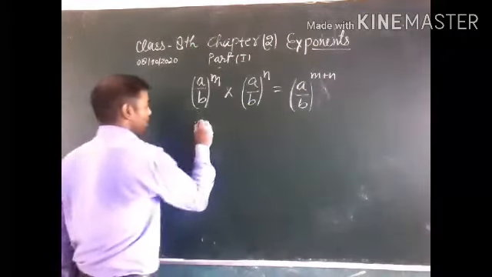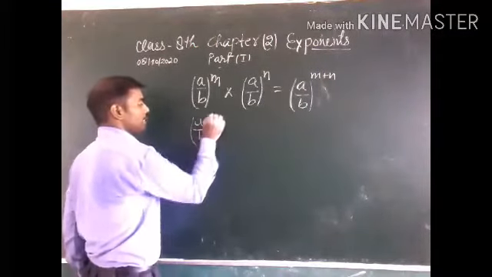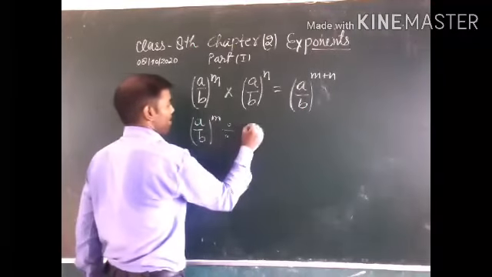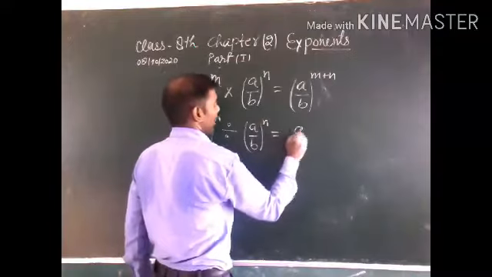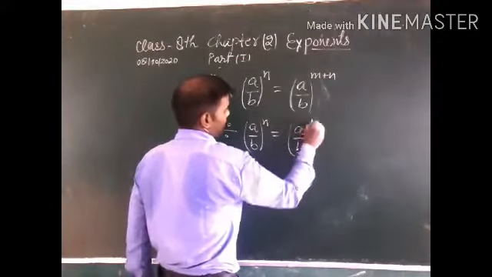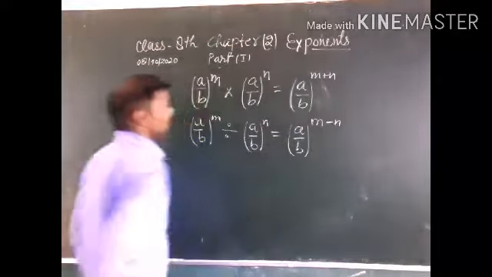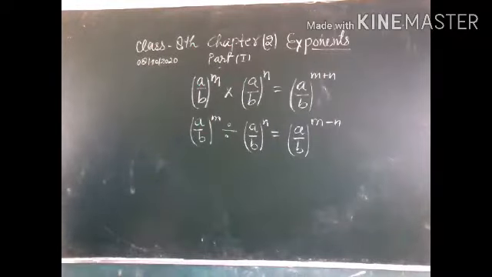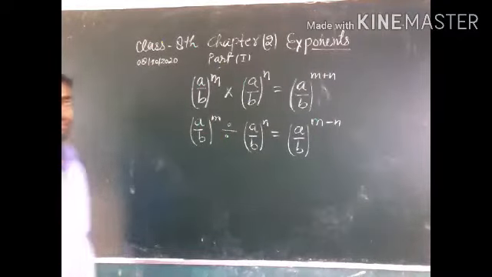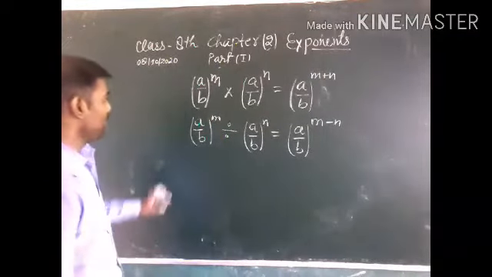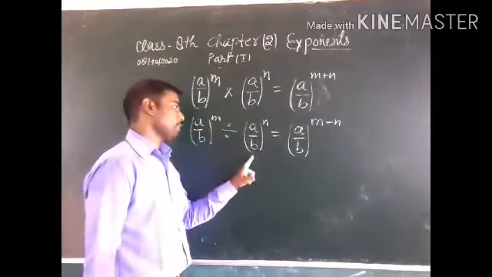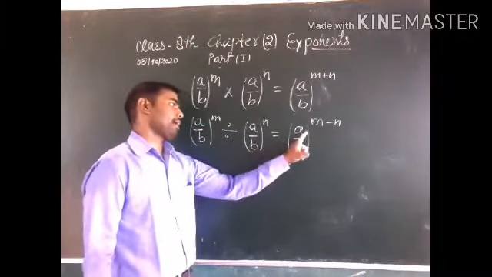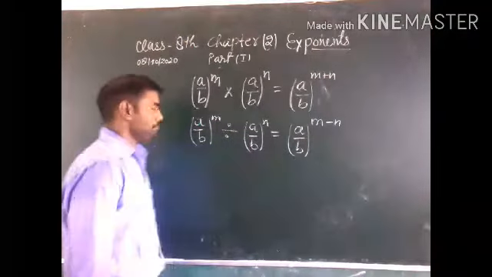Next, (a by b) to the power m divided by (a by b) to the power n is equal to (a by b) to the power m minus n. If (a by b) to the power m is divided by (a by b) to the power n, you will get (a by b) to the power m minus n.